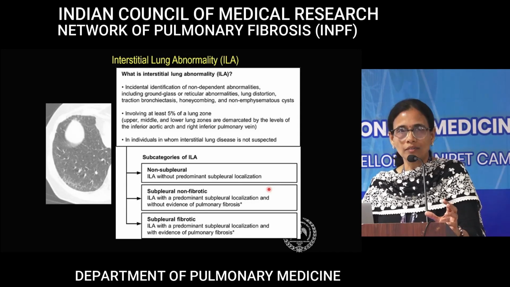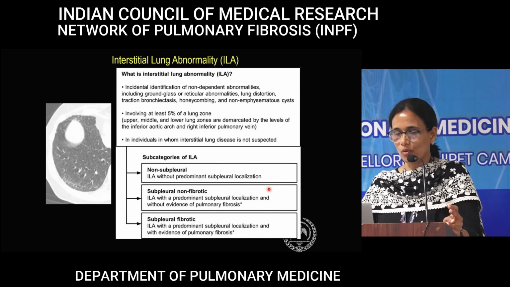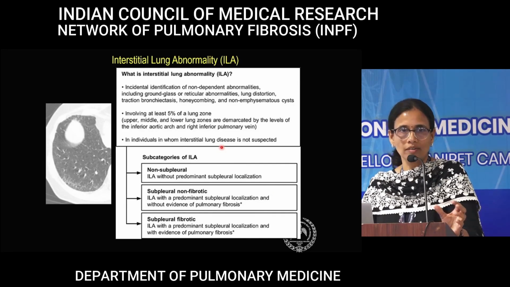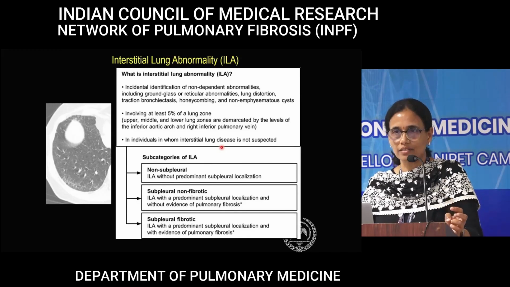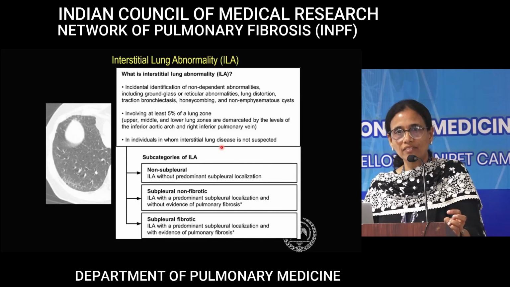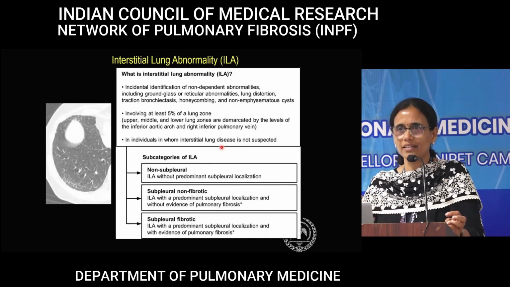A small note about interstitial lung abnormalities. So we know that this is a newer terminology that we keep using. What is ILA or interstitial lung abnormality? When we see some interstitial opacities on an HRCT or CT done for any other cause, so we are not really suspecting an ILD.